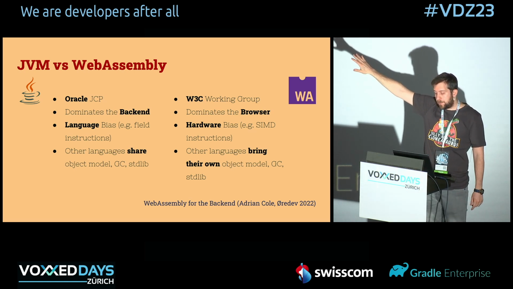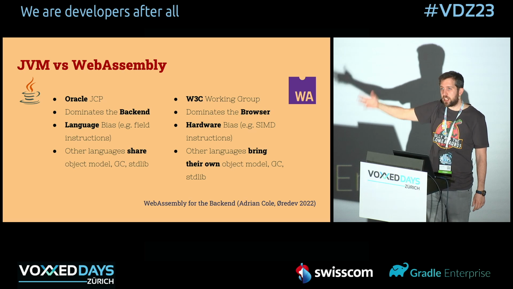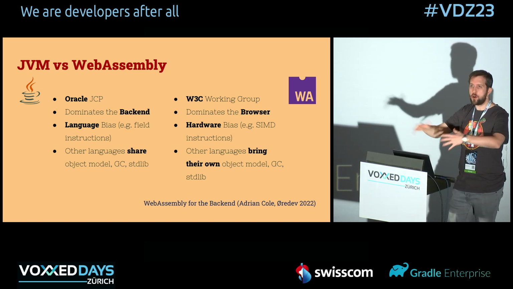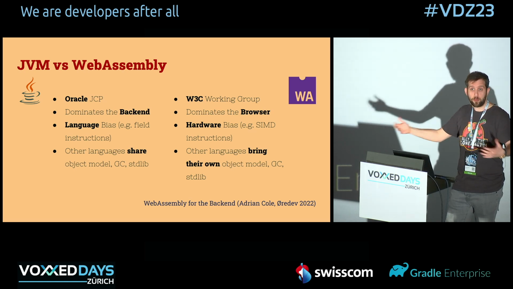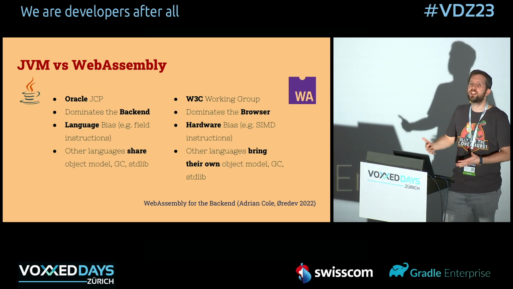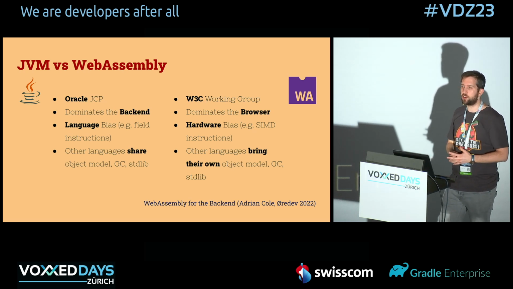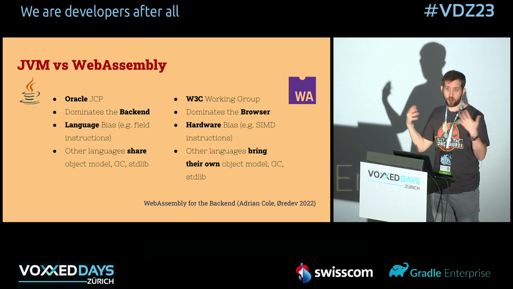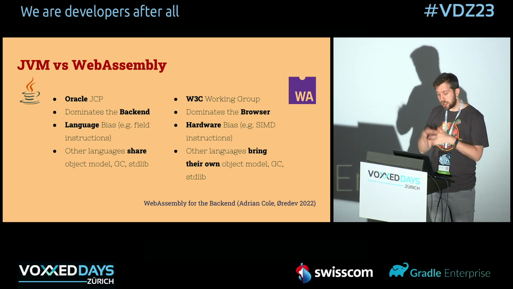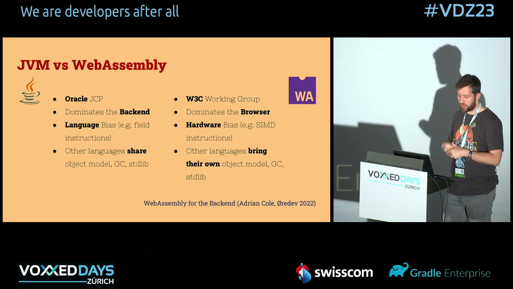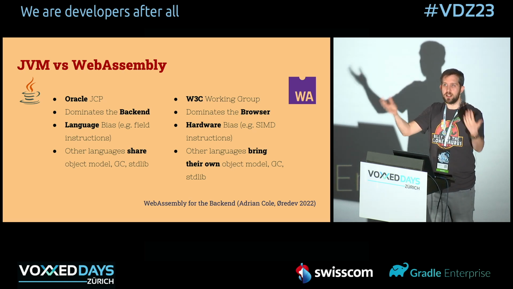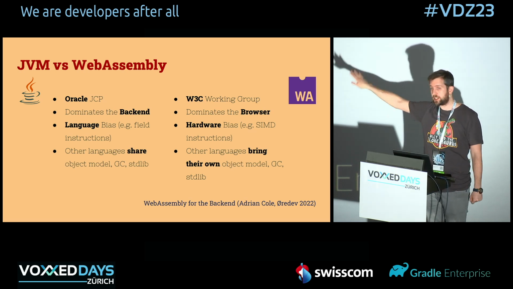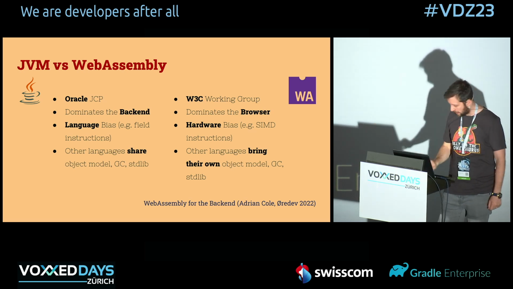It's being developed as part of a working group, as opposed to the JVM, which is an open source project, but of course is mainly steered by Oracle, even though it's an open source development process. There's a language bias, of course, and it dominates the backend, and it also has garbage collection, an object model and a standard library, which WebAssembly does not have for now.